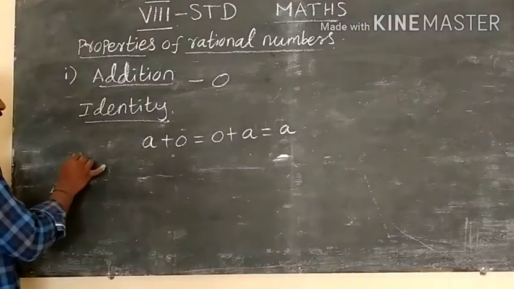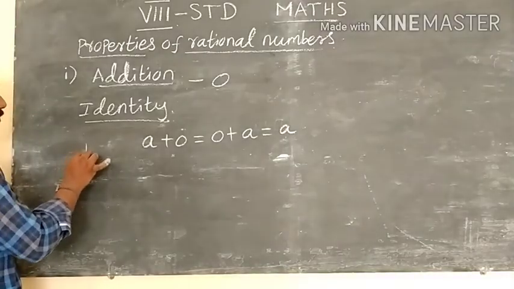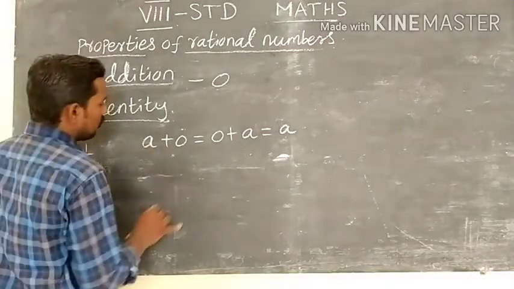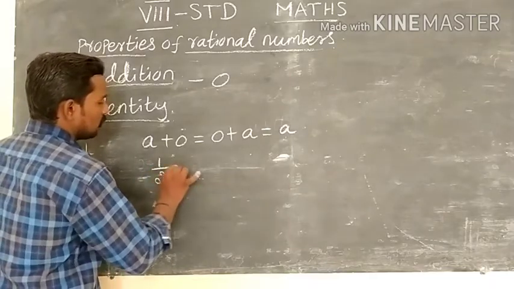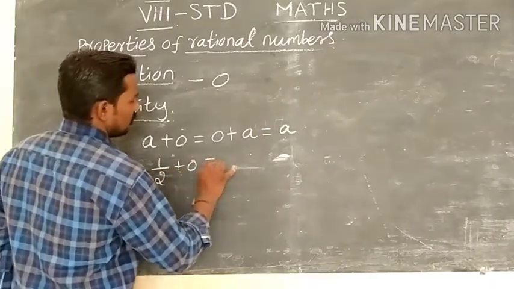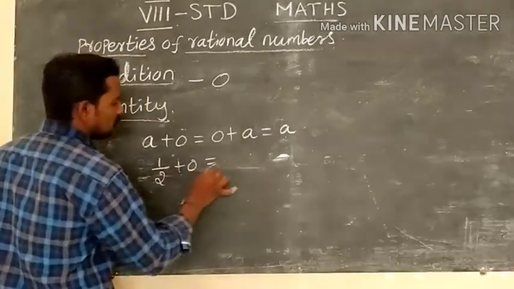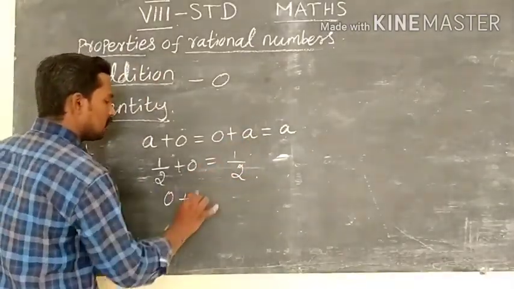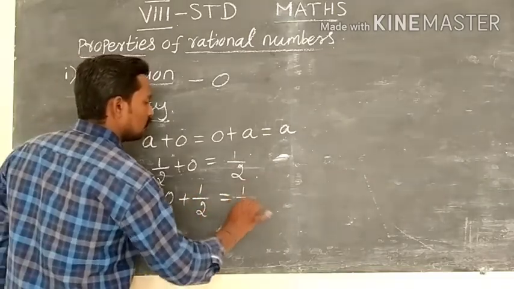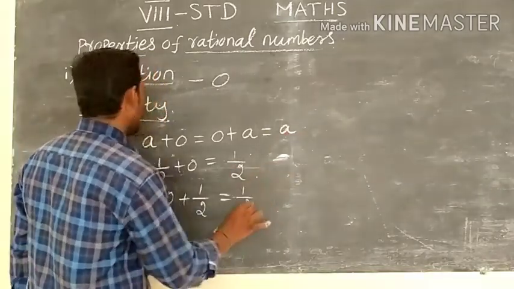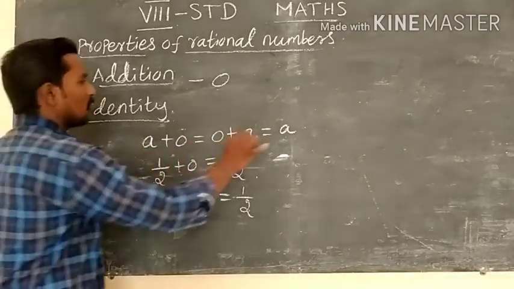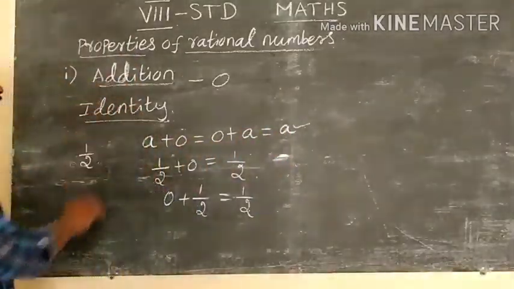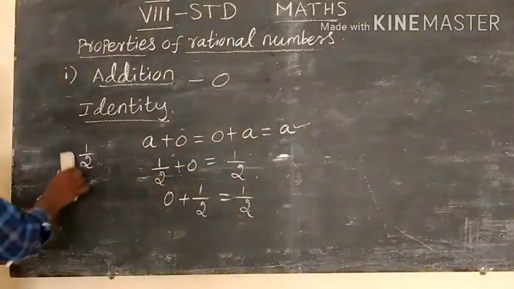Here I select any one rational number, 1/2. Replacing, 1/2 plus 0, what do we get? 1/2 plus 0 means 1/2. Then 0 plus a, 0 plus 1/2 is equal to 1/2. What is a? 1/2 is a. So this property is true under addition.